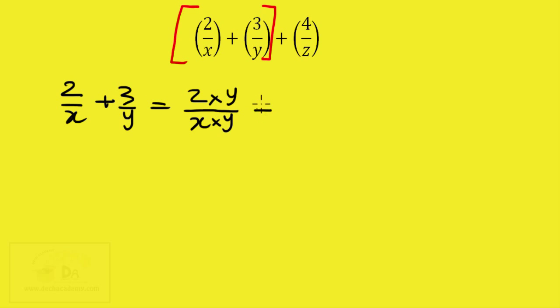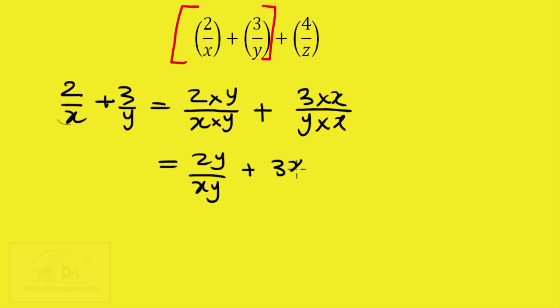Noting the operation, taking the second fraction and multiplying it through by the denominator of the first fraction, which gives 2y over xy plus 3x over yx, which is the same thing as xy. And this simplifies to give a fraction whose numerator is 2y plus 3x and whose denominator is xy.